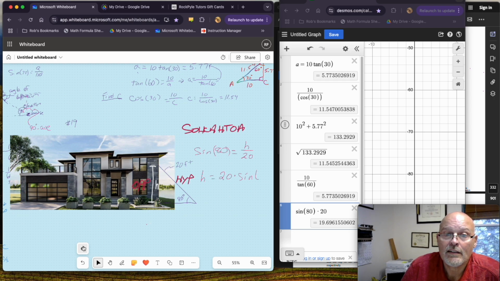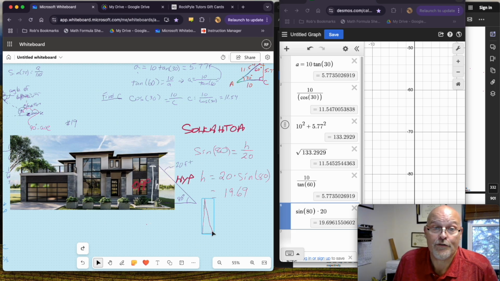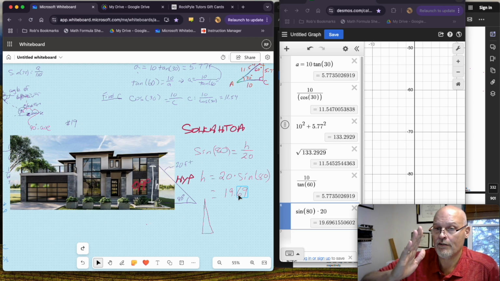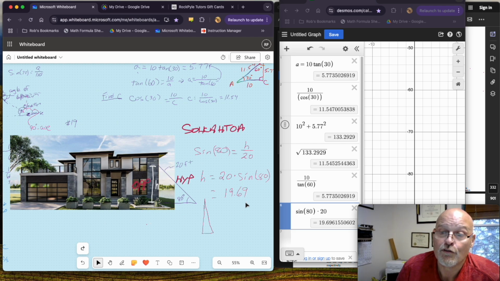Rearrange that, check the math over here, and we have that the height where the ladder touches the house is 19.69. In reality, that's going to be a much more vertical triangle than I drew at first, looking more like this, because you can see the top of the ladder is barely below that 20 feet, because that first 10 degrees that you tilt out isn't going to drop the height very much. All right, that is number 19. Let's look at the next one.